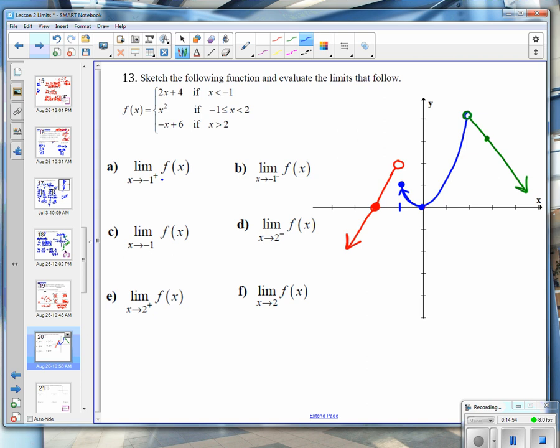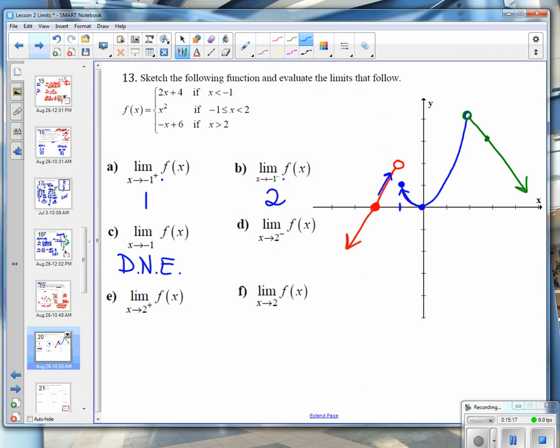And obviously we're approaching 1 there. If I'm approaching -1 from the left, coming in this way, that is approaching the number 2. So what can I say about the limit as x is approaching -1? Well, that limit itself does not exist because those two values are not the same.